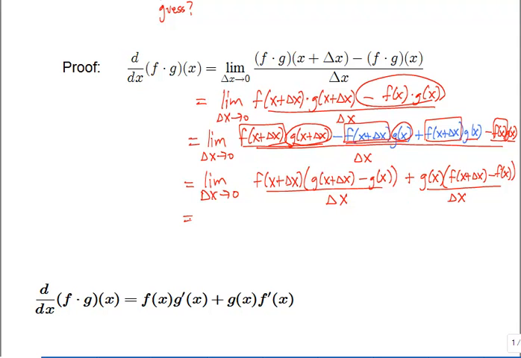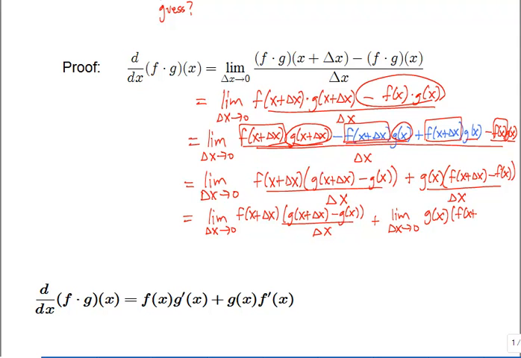Now, look at the individual fractions. We want the limit of this whole term plus this whole term. So the limit of a sum is the sum of the limits. So I am going to take the limit of this first piece, just recopying this whole first fraction, and then I'm going to take the limit of this second piece.